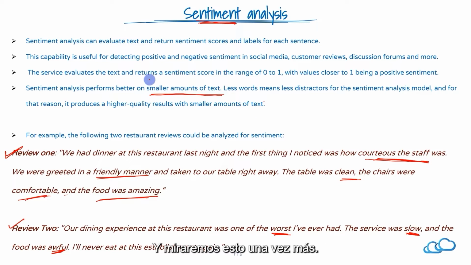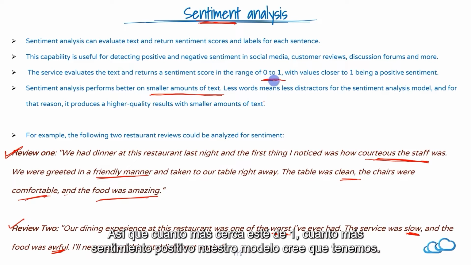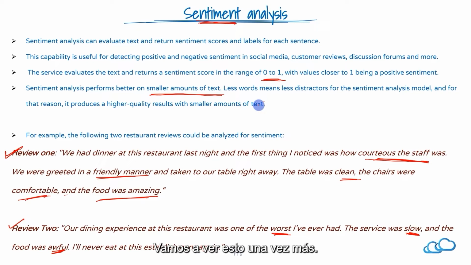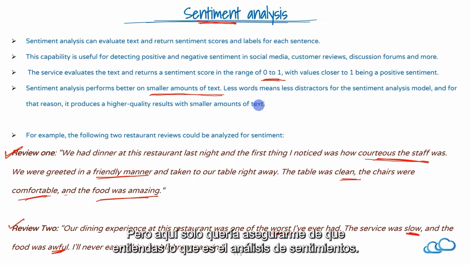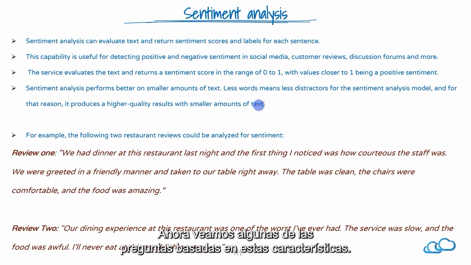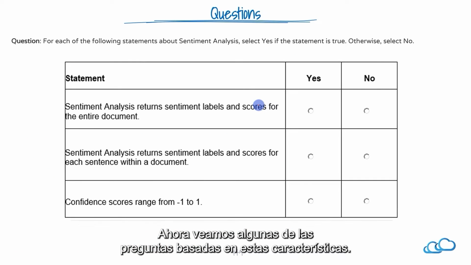We will look at this once again, but the service we have in Azure provides a sentiment score in the range of 0 and 1. So the closer it is to 1, the more positive sentiment our model thinks we have. We will look at this once again, but here I just wanted to make sure that you understand what sentiment analysis is. Now let's look at some of the questions based on these features.